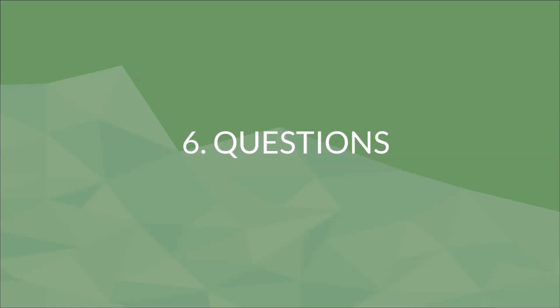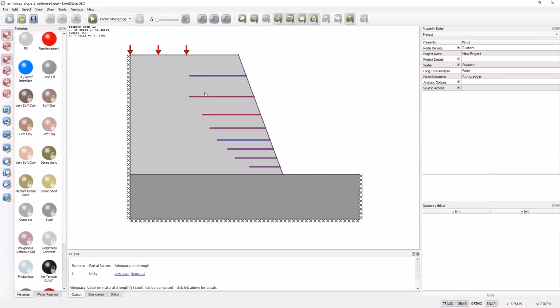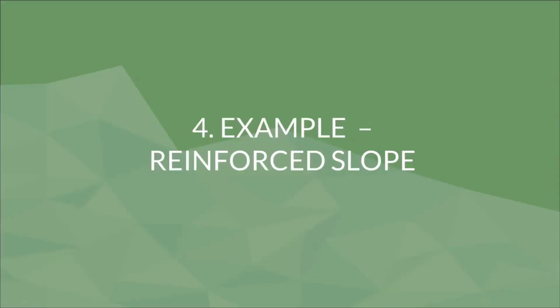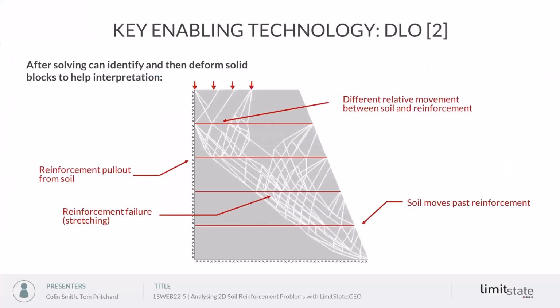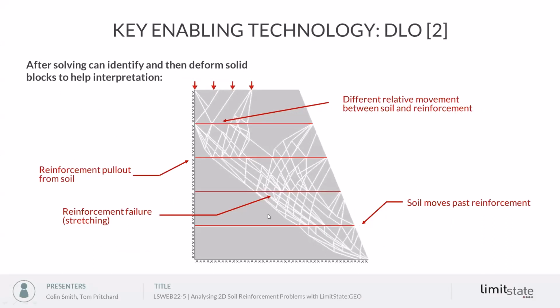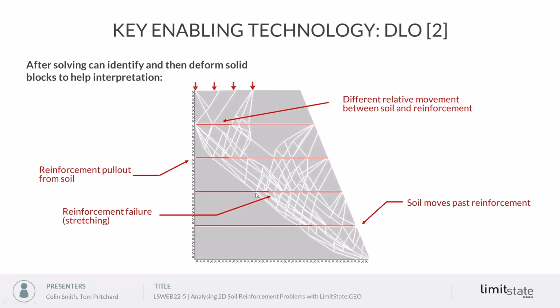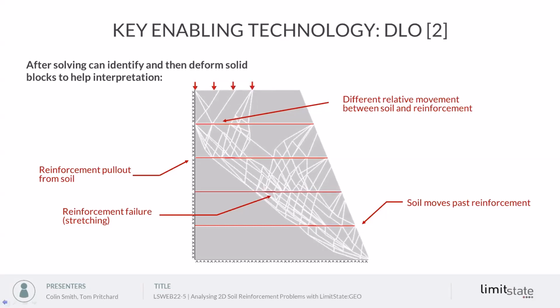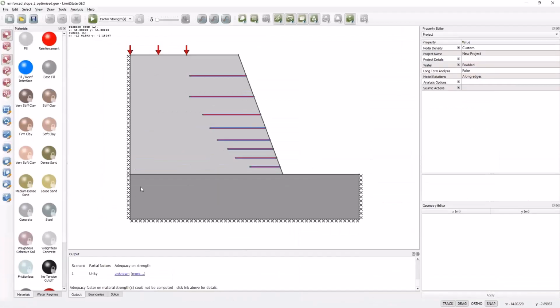What would a geotextile failure look like in the software? That's probably easiest for me to go back to the slide. If the geotextile itself is failing in tensile rupture, then effectively in an animation, you're going to see it stretch like this.